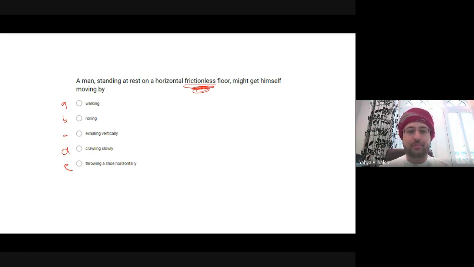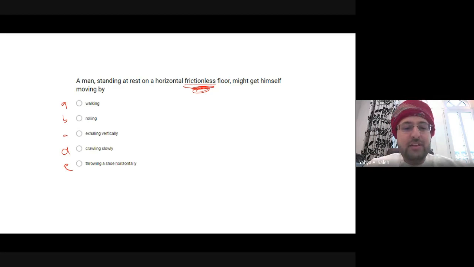No friction, I wouldn't go anywhere. I try to roll. Rolling requires friction between my side and the floor to be able to move. No rolling. If I exhale vertically, nothing happens, because I still don't go against gravity. If I try to crawl on all fours, it still wouldn't work because there is no friction.